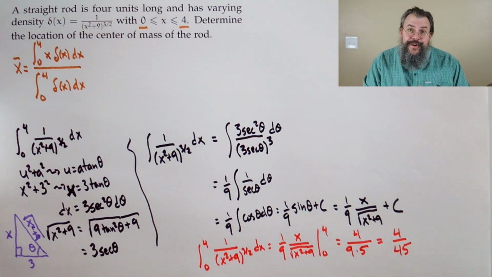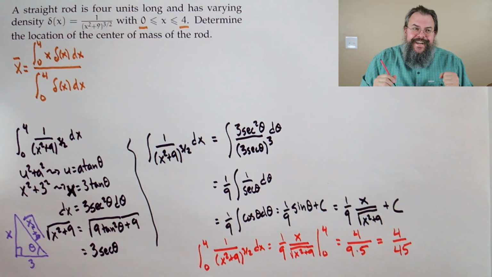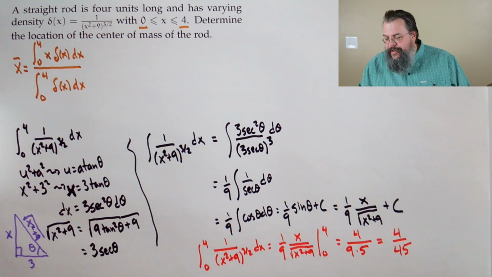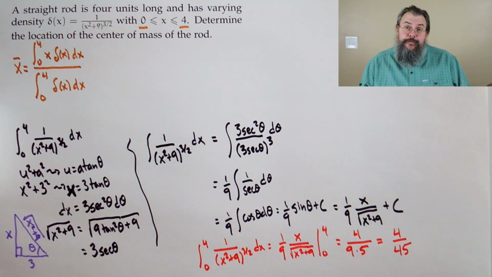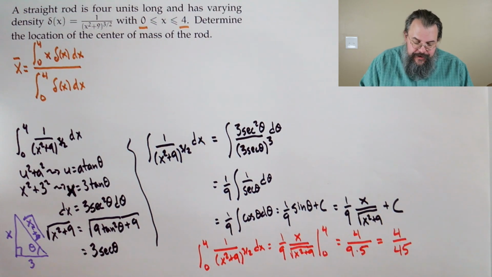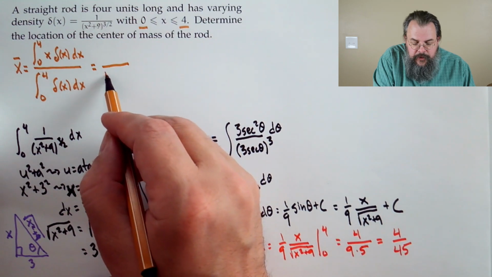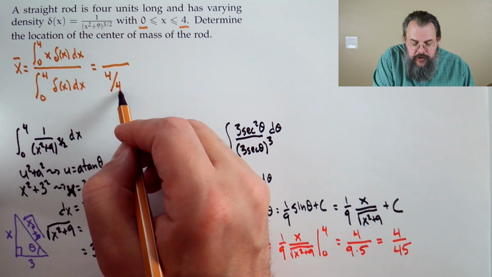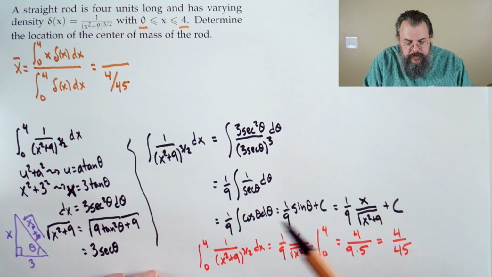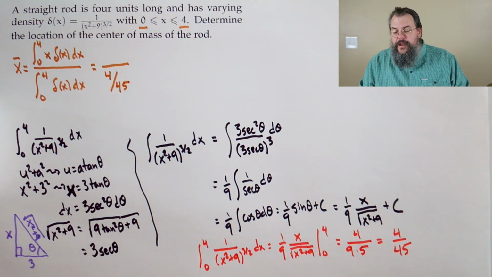All right, so that is the denominator. We're halfway done. And at this point, you're like, oh my gosh, we've got to do that all again. Well, we've got to do something. Okay, so let's update. So this is 4 over 45.